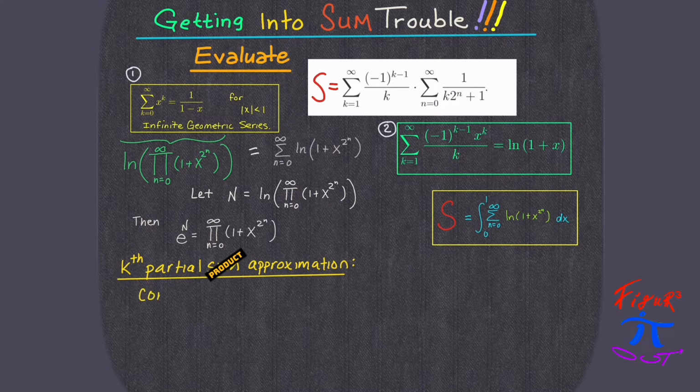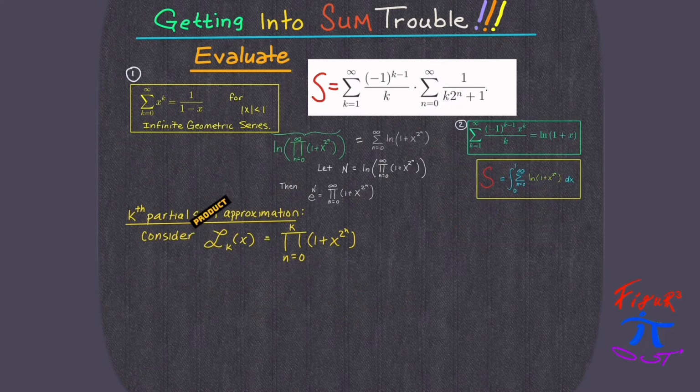We're going to do this infinite product using a kth partial sum approximation. Now I really should say it's a kth partial product approximation, not a sum. That's an error right there. So we're going to do some approximations to what this product might look like.